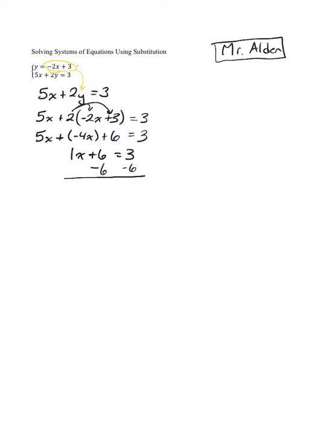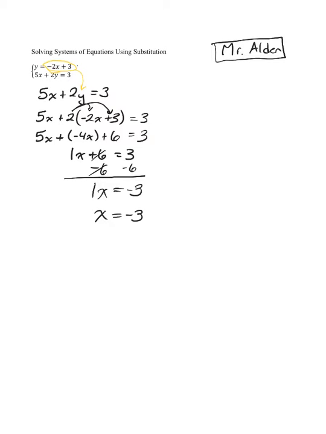So it wants to kick the 6 out first. So the 6 eliminates, leaving us with 1x equals 3 minus 6, or 3 plus negative 6, gives us negative 3. And that one coefficient, very shy, so we could just simply say x equals negative 3.